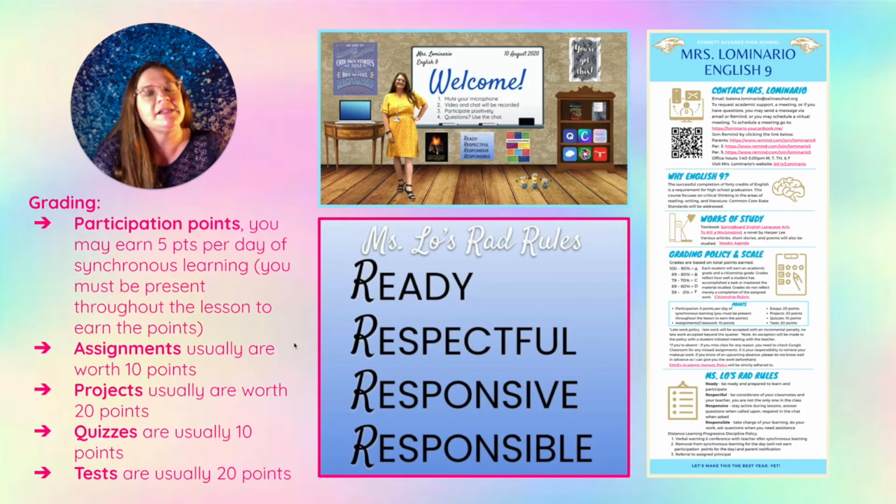So you must pass this class in order to graduate high school. If you do not pass this class, English 9, you will have to retake the class in the summer or at another time. So make sure you try your best and pass it the first time that you go through it. It'll be much better to do it the first time.